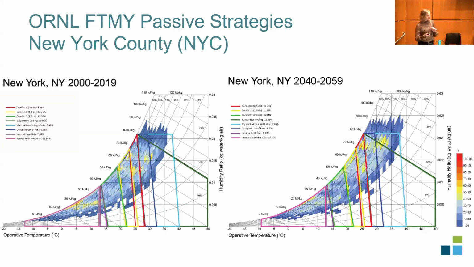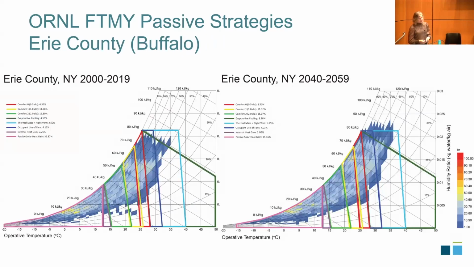But the important thing to know is that across the bottom, you're increasing in temperature, and across the right-hand side, you're increasing in humidity. So the bottom left is cold and dry, and the top right is hot and humid. In this case, we're seeing a notable shift from the cold and dry up into the hot and humid. Here's the same example for Buffalo.